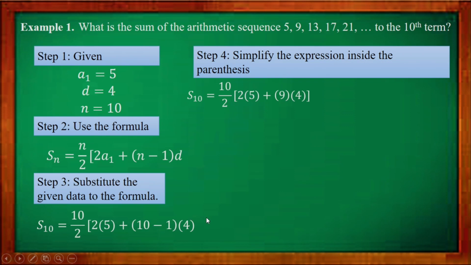Inside the bracket, we also have parentheses, and that is what we are going to simplify first. So 10 minus 1 is 9, then copy the common difference 4. Then after that, we can now simplify other terms inside the bracket. So 10 over 2, 2 times 5 is just 10, and 9 times 4 is 36.